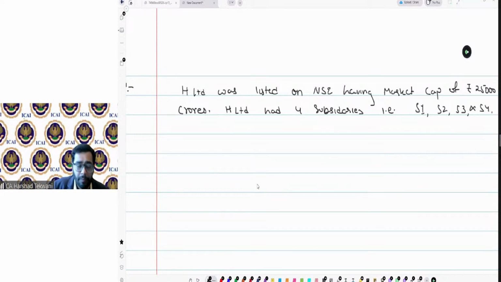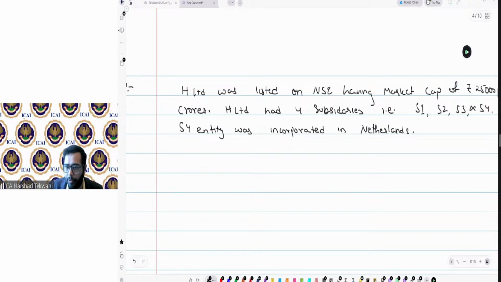Then S4 entity was incorporated in Netherlands. Okay, so it is not an Indian entity; it's an entity incorporated in Netherlands. Now, S2 entity is, later on, come to S2 entity.